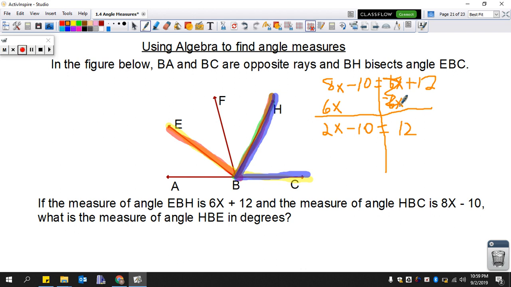Then we're going to add 10 to both sides. The 10s cancel out, and we end up with 2x is equal to 22.